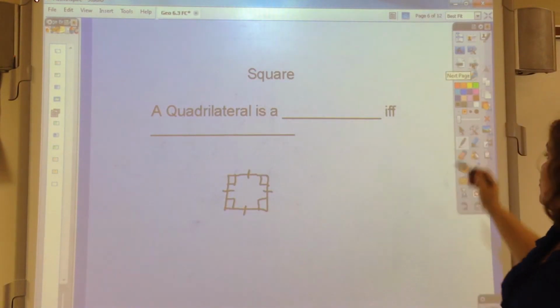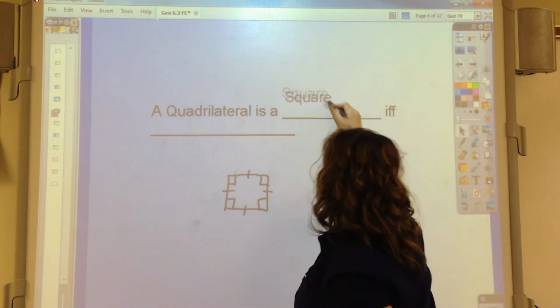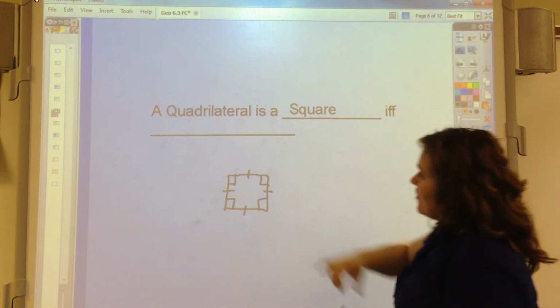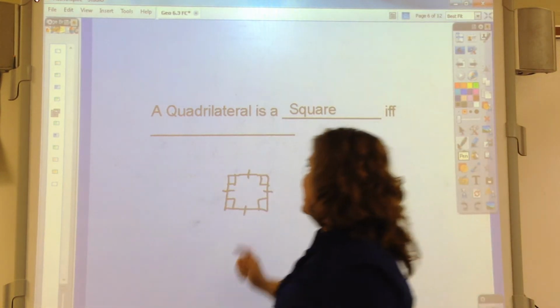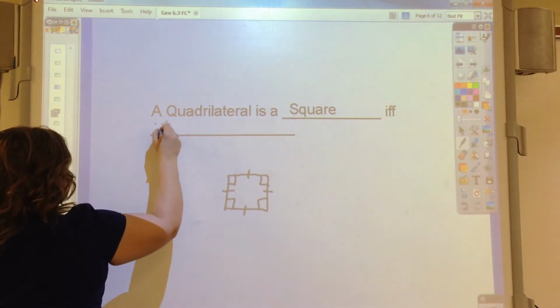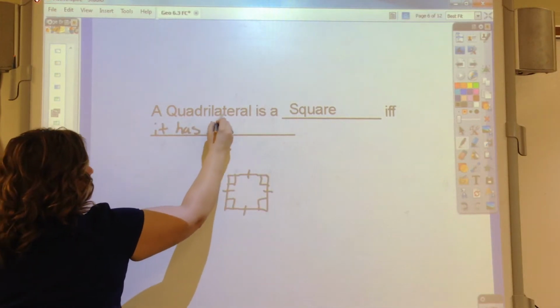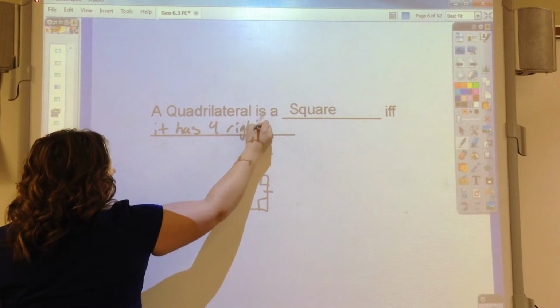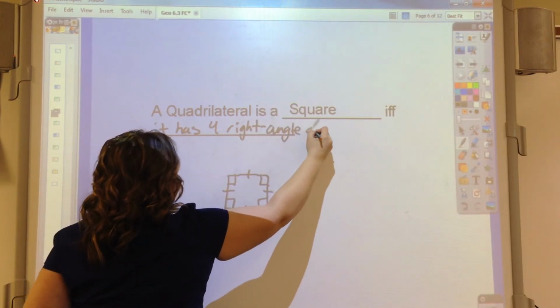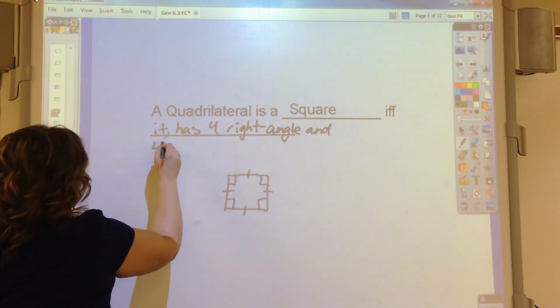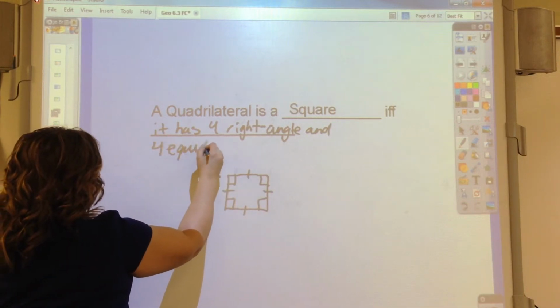All right, a quadrilateral is a square if and only if it not only has four right angles but has equal side lengths. It has four right angles and four equal side lengths.